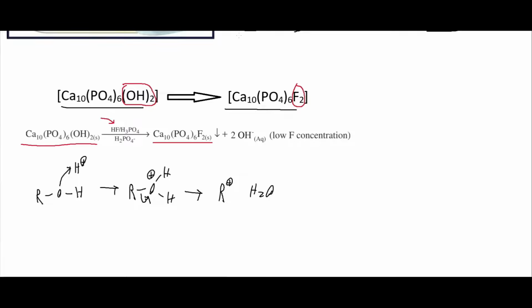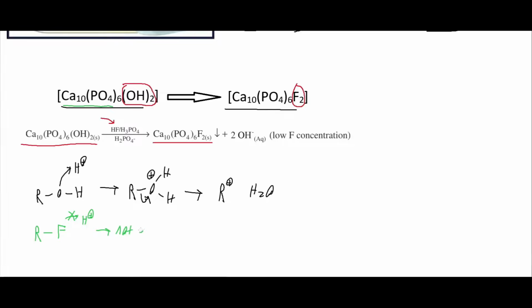And when we have the fluorine, and here I will do this one in green, we have our R group here, which would be our calcium phosphate, just a generic R group. And then we have a fluorine. Even if we have acid present, this fluorine is not going to take on that hydrogen, so it does not become a leaving group.